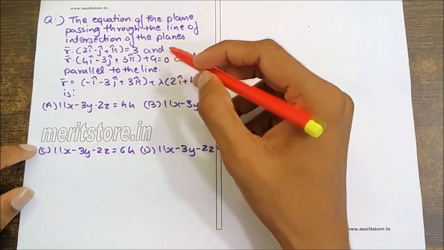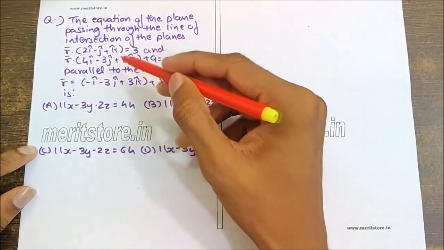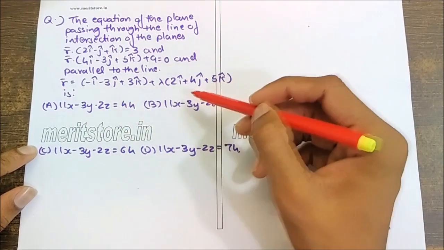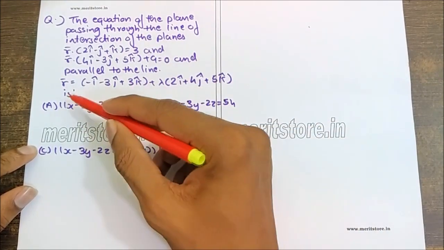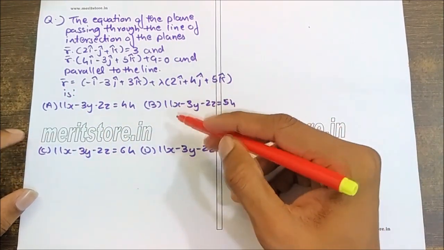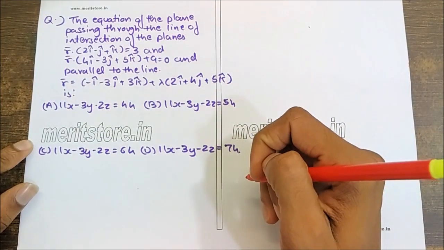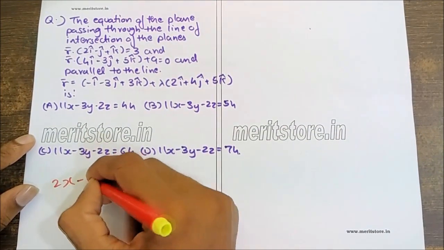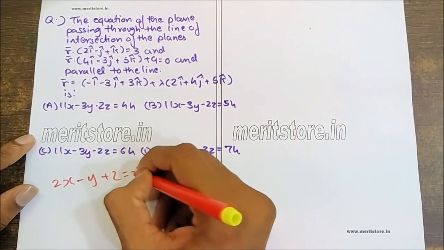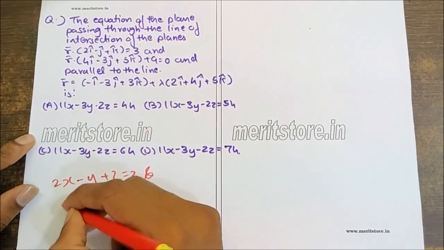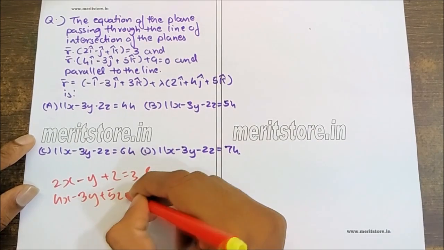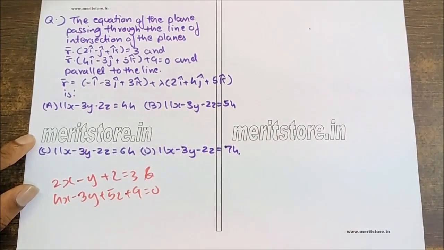The equation of a plane passing through the line of intersection of the planes given over here, and parallel to the line r vector given over here. We are given 4 options over here. So the given planes are 2x minus y plus z equal to 3 and 4x minus 3y plus 5z plus 9 equal to 0.